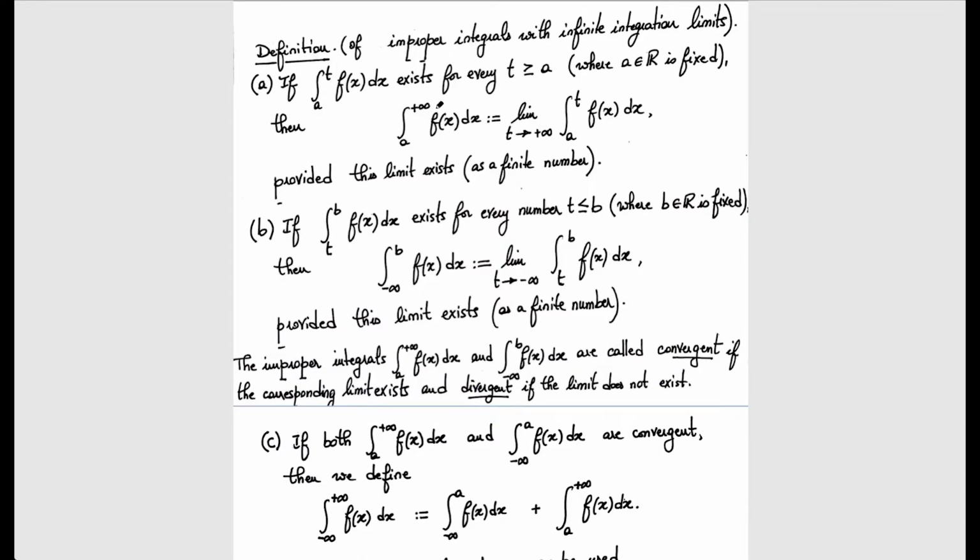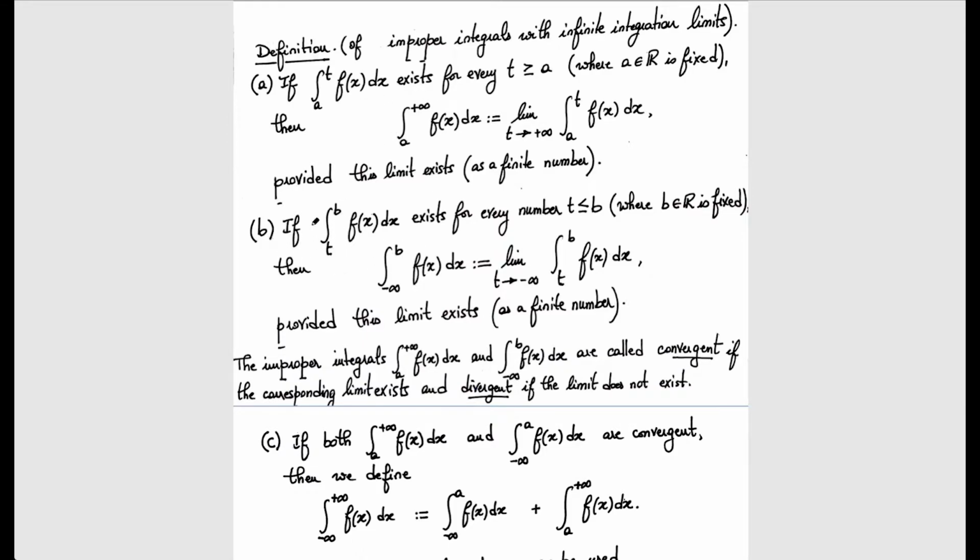All right. So how we defined improper integrals over infinite intervals that look like a to plus infinity, we can do the same over intervals that look like minus infinity to b. They're still infinite, but on the other side now. Very similar.